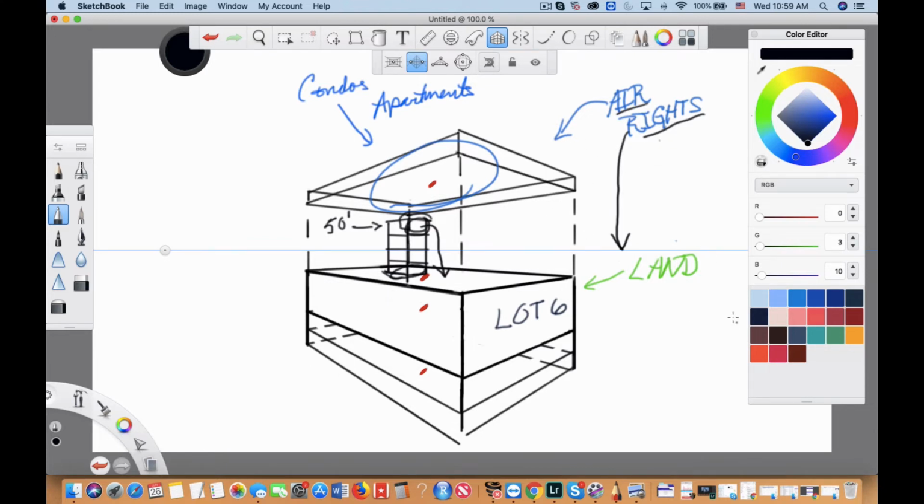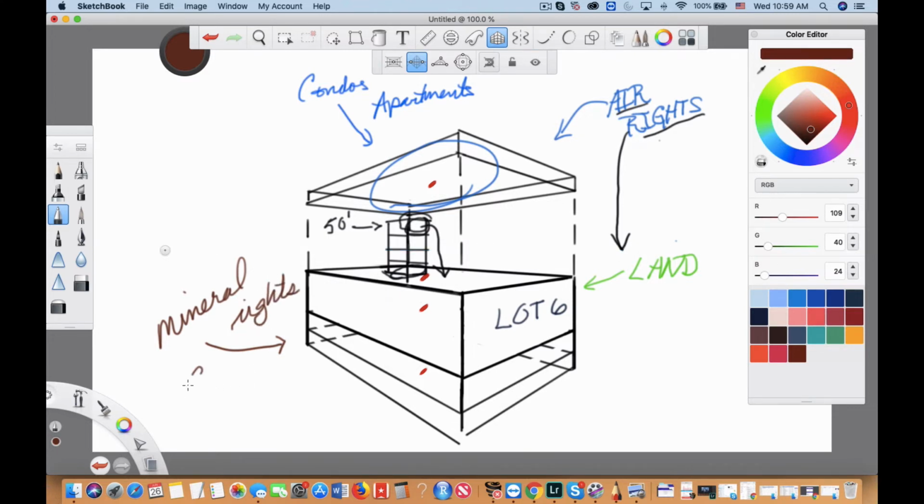Additionally, we can have what are called mineral rights. So these are below the ground. I'm going to write these in brown. So these are mineral rights. And this can include anything from coal to gas, oil.